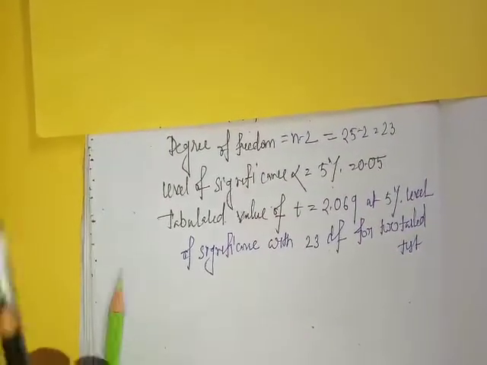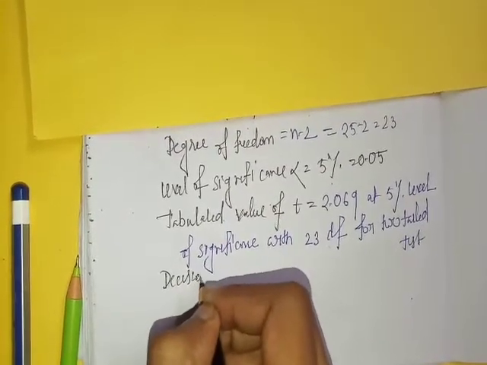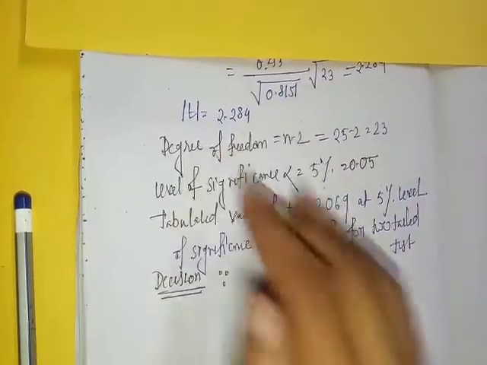Next, the decision. This is the calculated value of t, and this is the tabulated value of t.